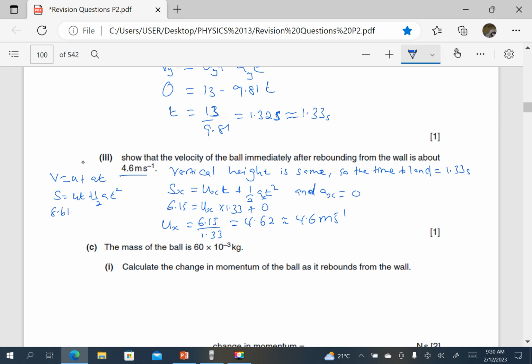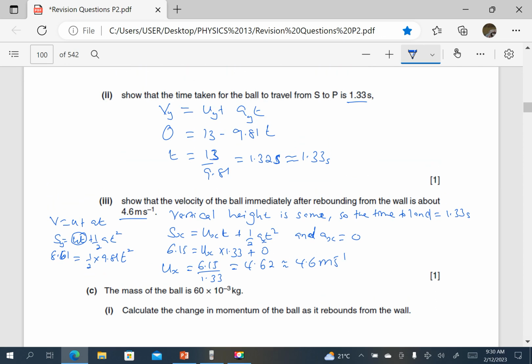That was the vertical height, because it is going to fall from P back to F, the same vertical height. The initial velocity with which it rebounds is 0 in the vertical. So 8.61 will be equal to a half times 9.81 times T squared. You can check and find T.